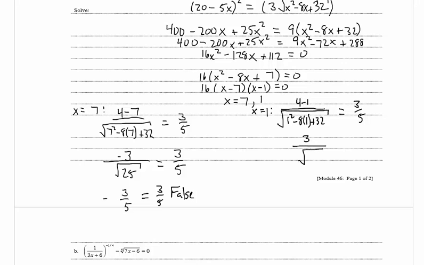So the square root of 25 is equal to 3/5. And 3/5 is equal to 3/5. So this is true. So our solution set for problem A is 1.